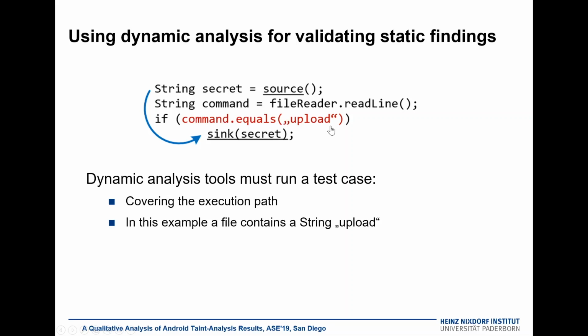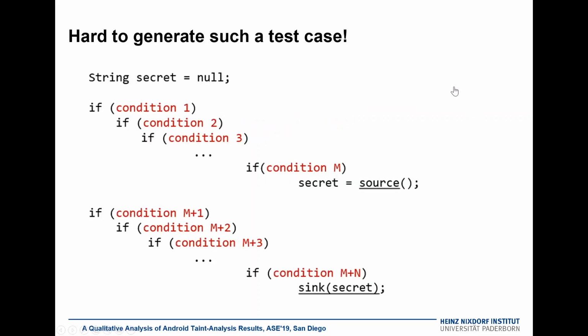This path condition in this particular example may be easy to satisfy. However, what about this one? As we can see here, there are m plus n conditions that need to be satisfied for generating a test case which executes the source and the sink statement. Obviously, it is hard to generate such a test case.